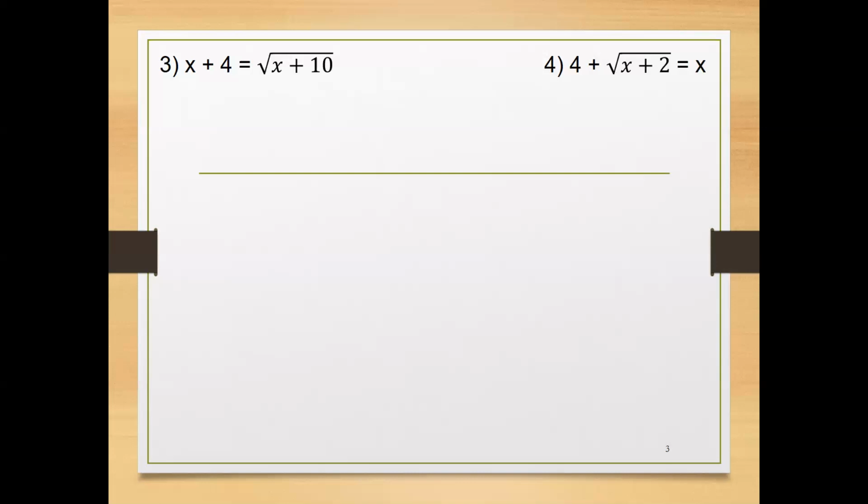We have 1 top left, top right, -9 in the bottom middle, and 1 times 14 in the top middle, which is just 14. So 2 numbers that multiply to give me 14, but add to give me -9: -7 and -2.